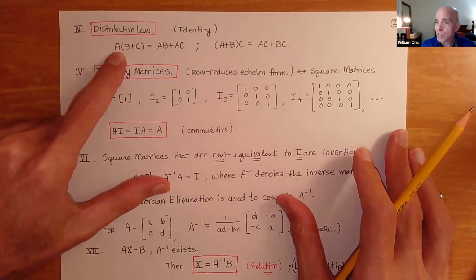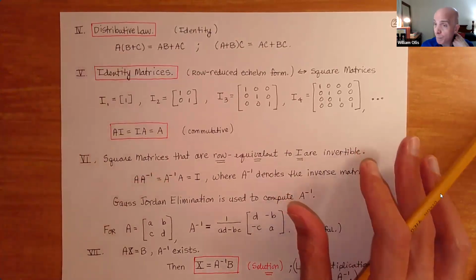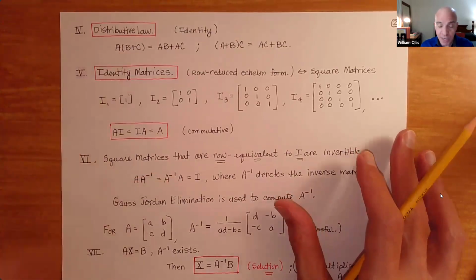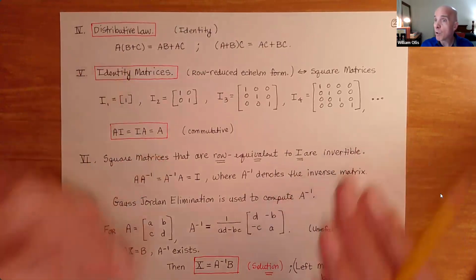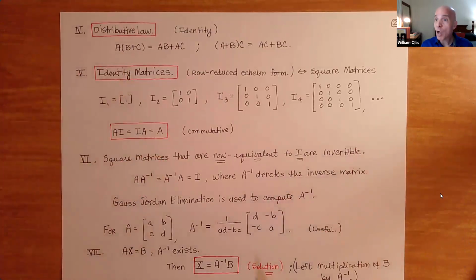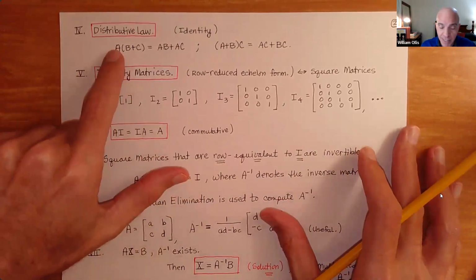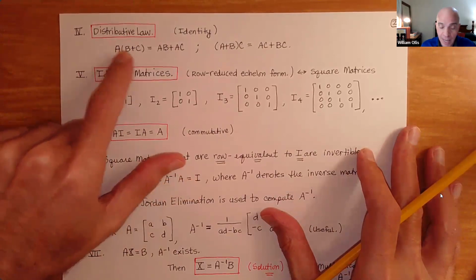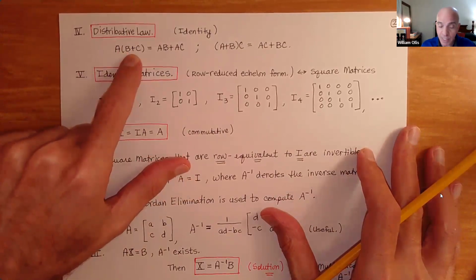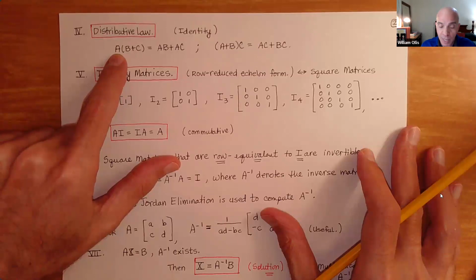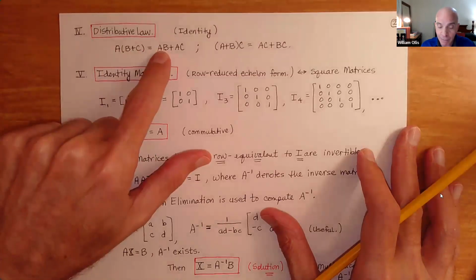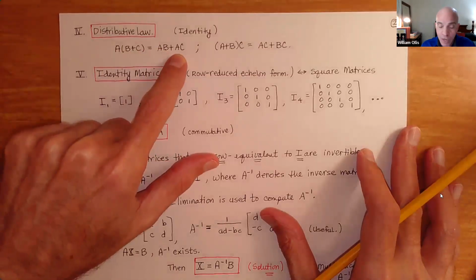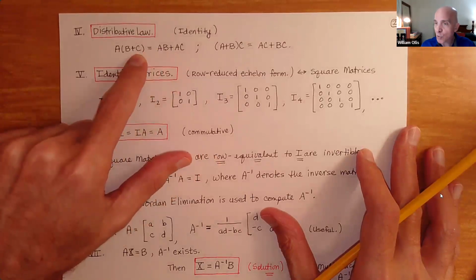And there's no reason to think that this would not also apply to matrix multiplication distributing over matrix addition. Basically, if we have the matrix A multiplied on the left, and then we have the sum B plus C, we can distribute the matrix A and get AB plus AC. So of course, this makes sense where it's defined.